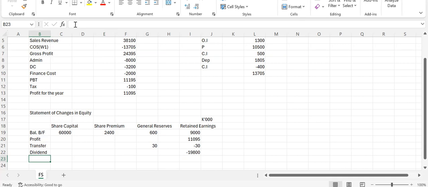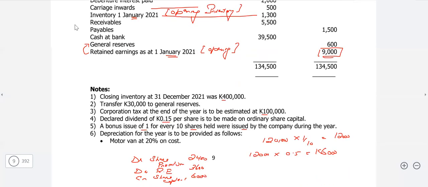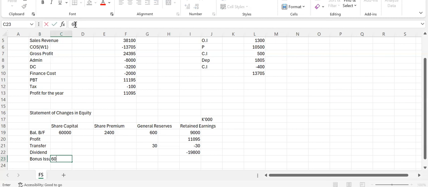Okay, so now we have the bonus issue. Now the bonus issue, we have already calculated it. It was 6,000 added into the share capital and then 2,400 being deducted from here and then 3,600 being deducted from here.